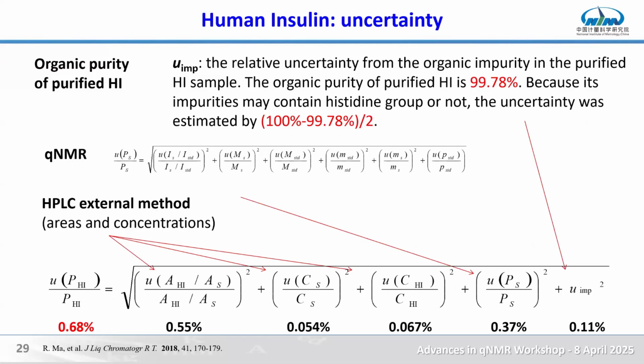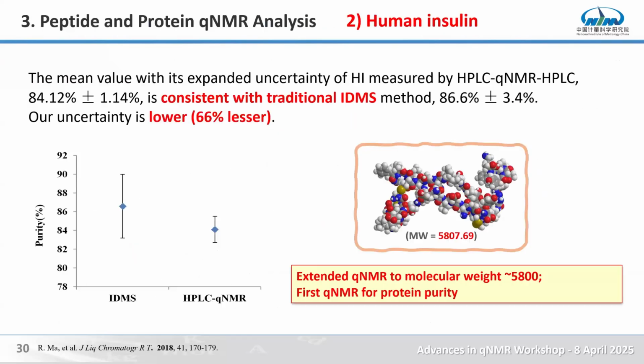After that, the uncertainty of purity of the HI sample was also calculated, which is 0.68%, which considers the relative uncertainty from LC measurement repeatability, from concentration of HI solution before and after purification, from purity of purified HI sample measured by qNMR, and also the organic impurity in purified HI sample.